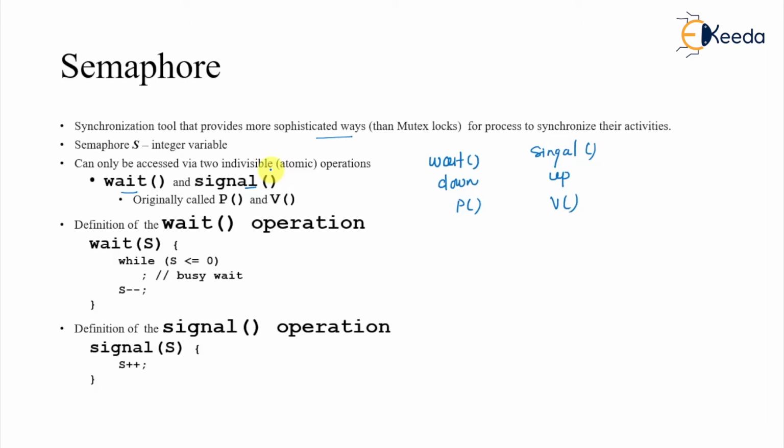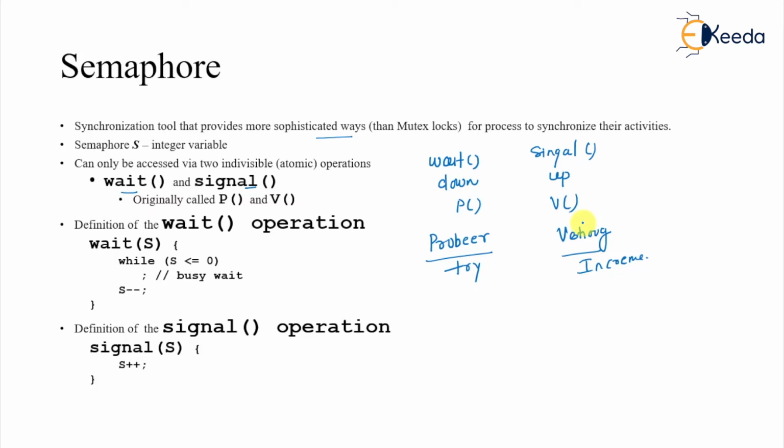Probeer is for try, and verhoog is for increment. I don't know whether it is the correct pronunciation or not. So these are the Dutch terms, and the meaning is try and increment.